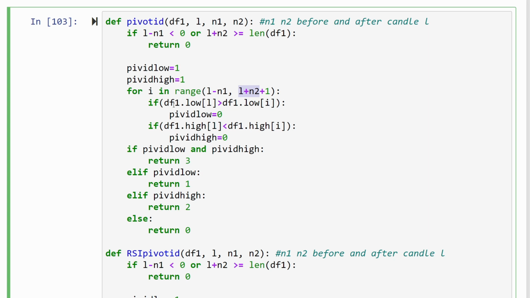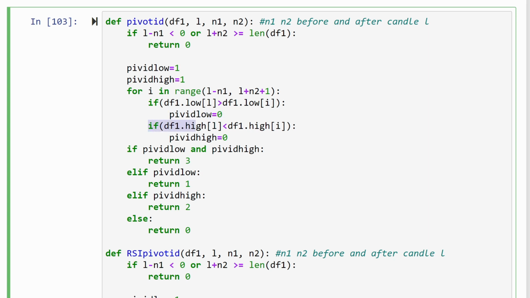I'm going to check if the data frame low value, meaning the lowest value of this candle, is greater than any of the lowest values of its neighbors between L minus N1 and L plus N2. If it's the case, then this candle is not considered a low value anymore, so it's not a low pivot point, and I'm putting the pivot ID low variable equal to 0.